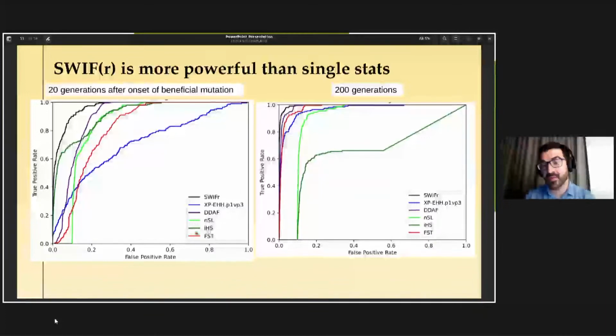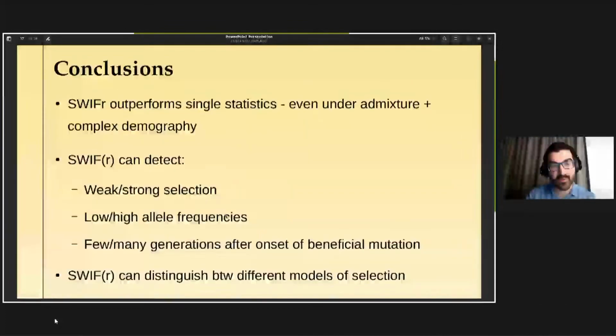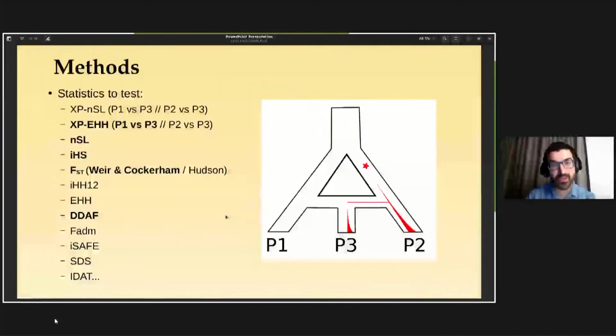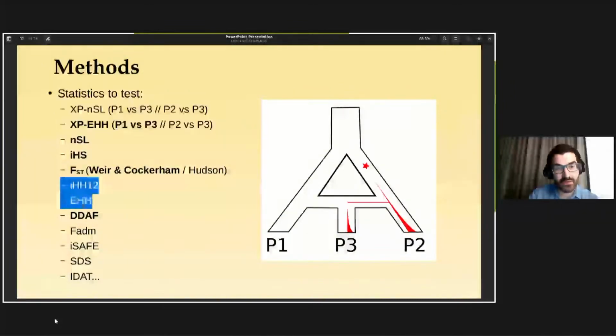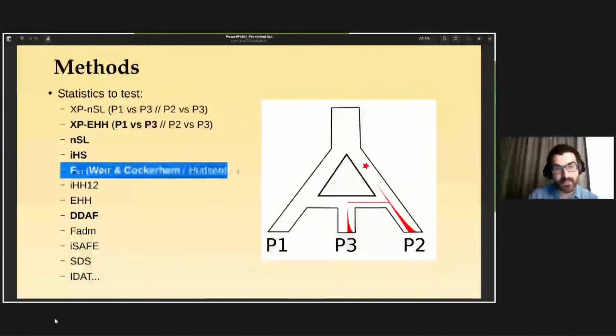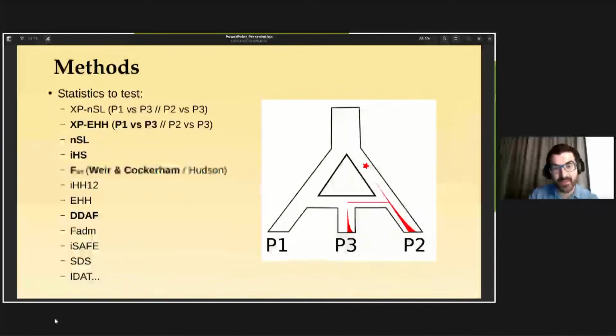I'm calculating FST with VCFtools and DDAF with a home script. So it depends on what statistic you want to use. The ones that I wanted to show here can all be studied in selscan. Also these two: this one is from VCFtools, and actually Hudson FST can be detected with PLINK.